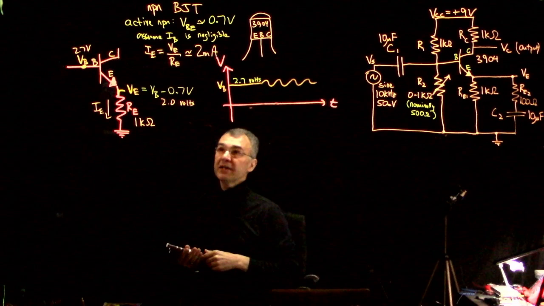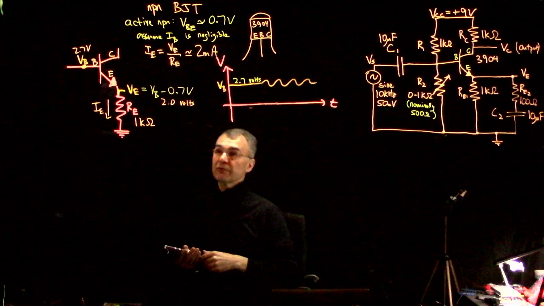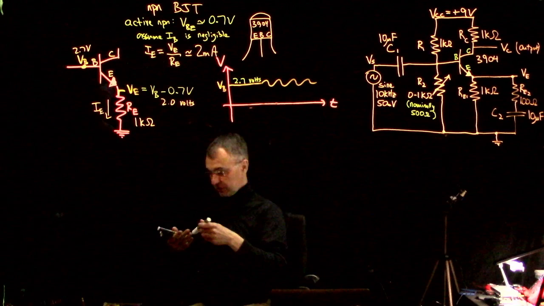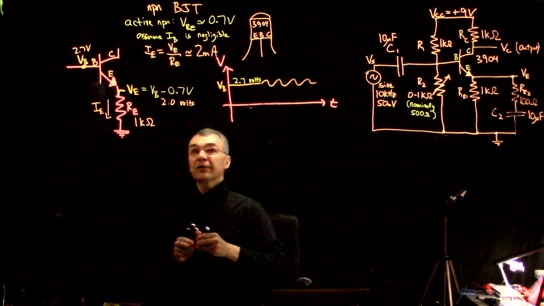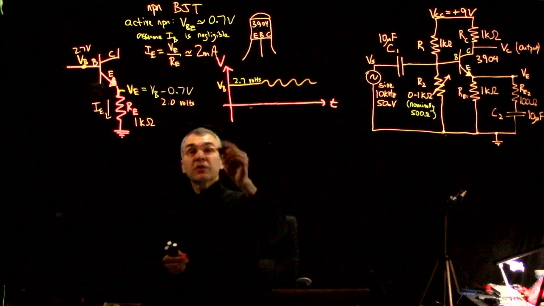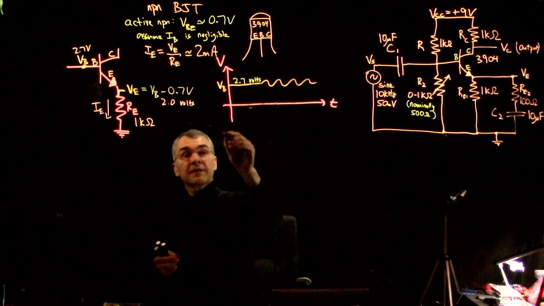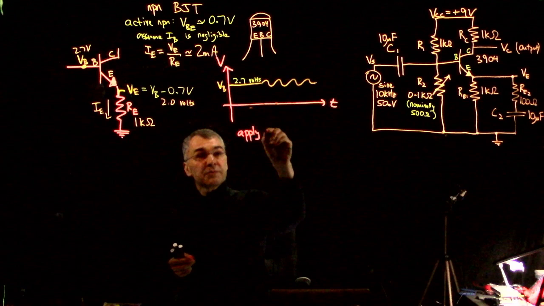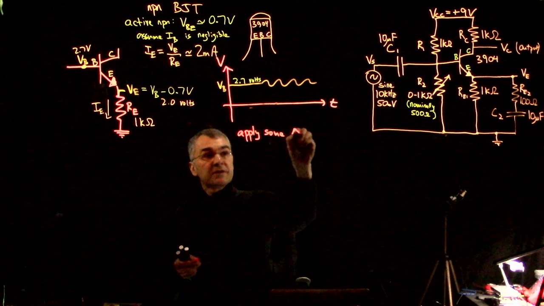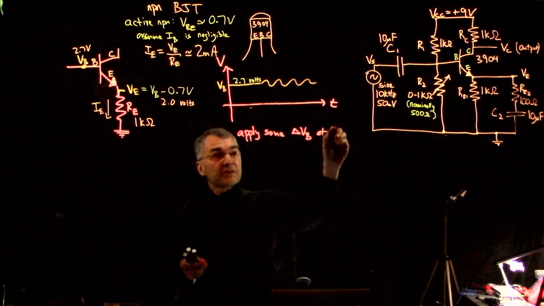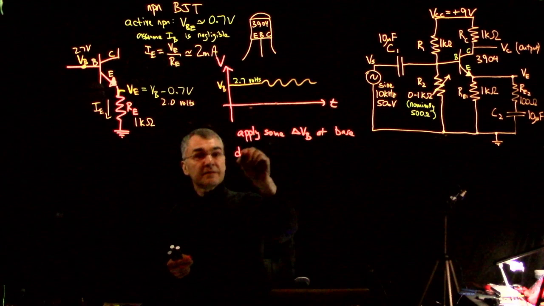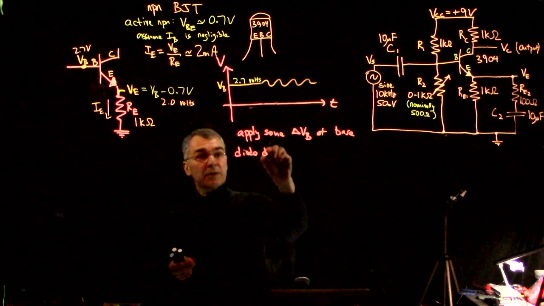Okay, so now we can actually exploit the fact that this IE goes up and down in proportion to the change in VB. So here, let's just write that out again. You apply some delta VB at the base, then diode drop.